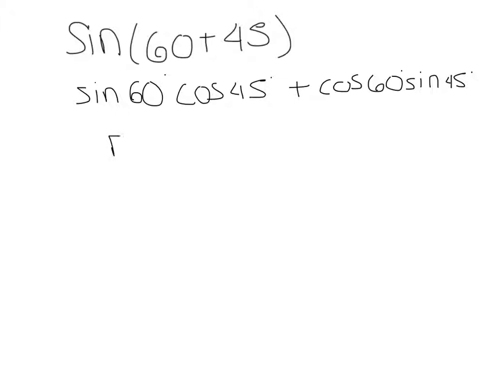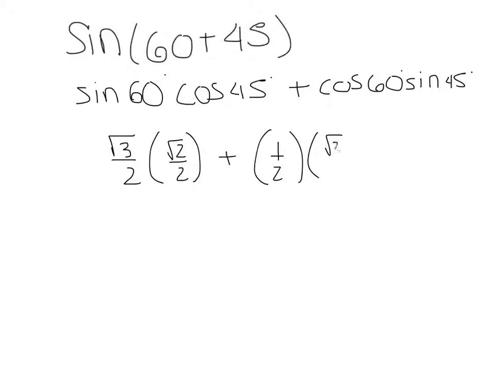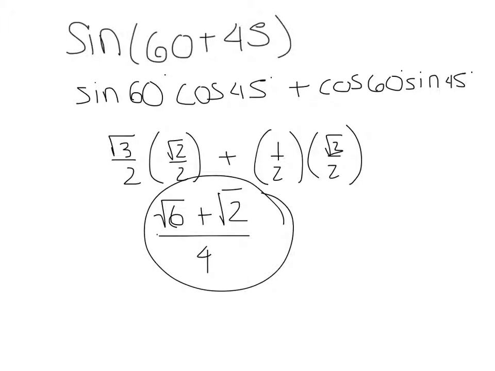We said that that was root 3 over 2. Cosine at 45 degrees, that's root 2 over 2. Cosine at 60, that's a half. And sine at 45, root 2 over 2. So here we end up with root 6 plus root 2 over 4.